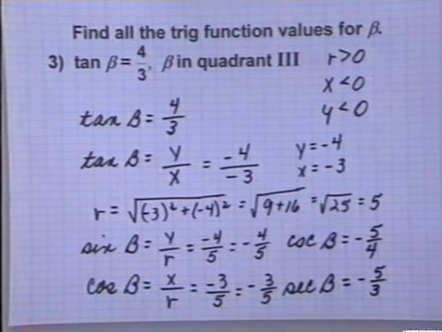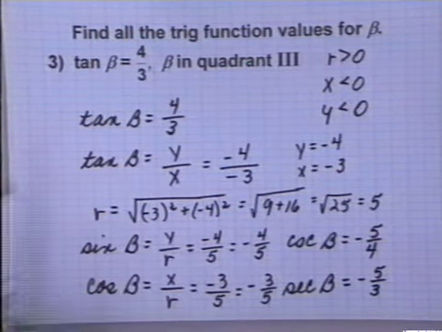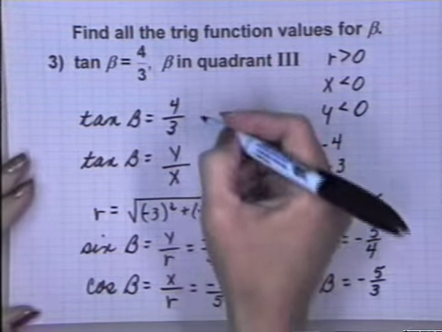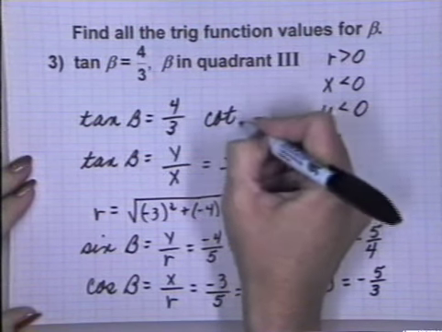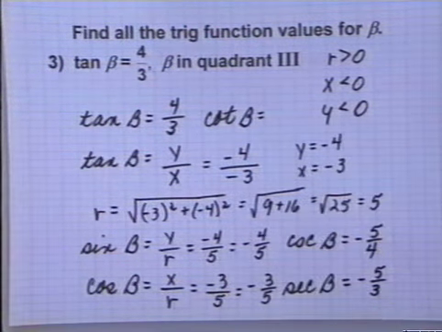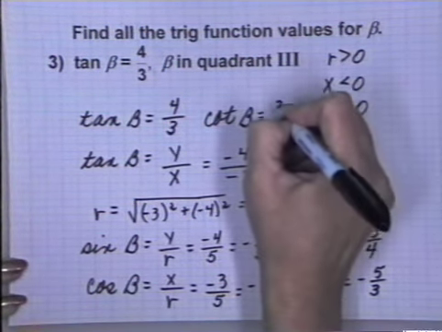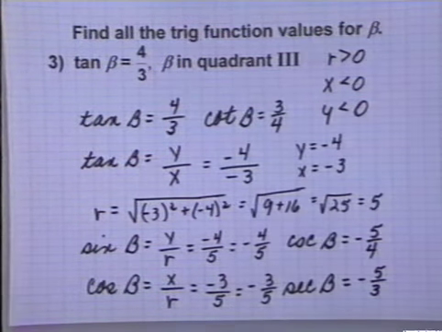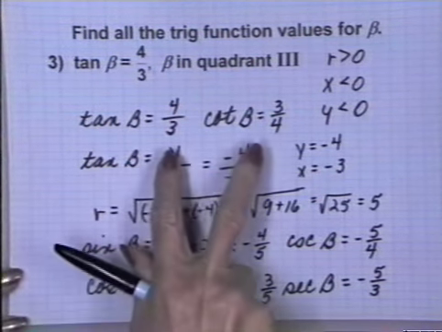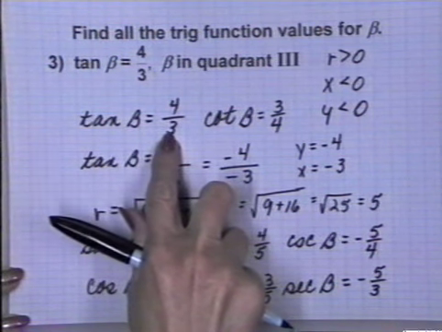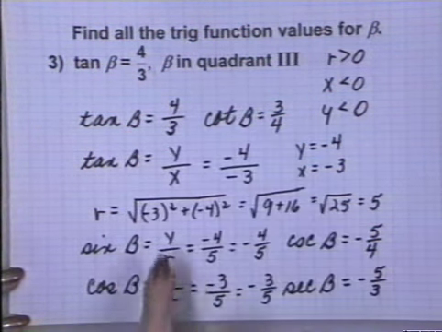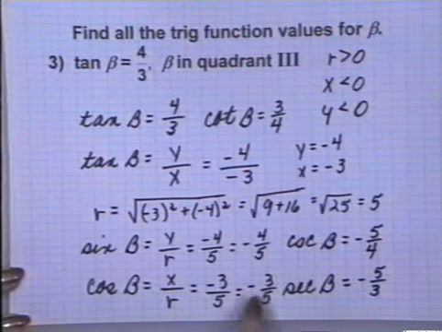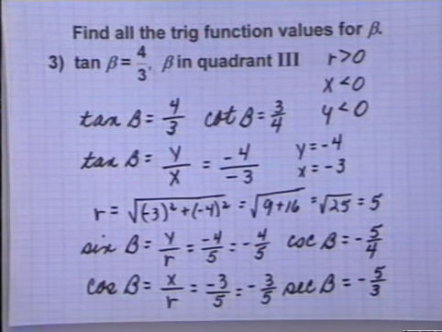Now I have 4 of the functions, don't I? I know the tangent is 4/3. I'll go ahead and find the cotangent. Probably should have done that first. That's the easiest one to find. If the tangent of beta is 4/3, then the cotangent of beta is 3/4. So I have tangent, cotangent, sine, cosecant, cosine, secant. I have all the functions of beta.